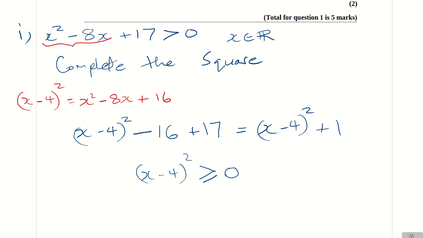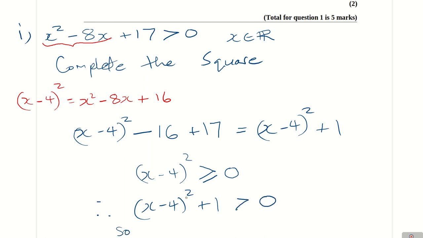So x minus 4 all squared, and any number all squared, or any expression all squared, has got to be greater than or equal to 0. So if x minus 4 squared is greater than or equal to 0, and we add 1, it must be the case that x minus 4 squared add 1 must be greater than 0.